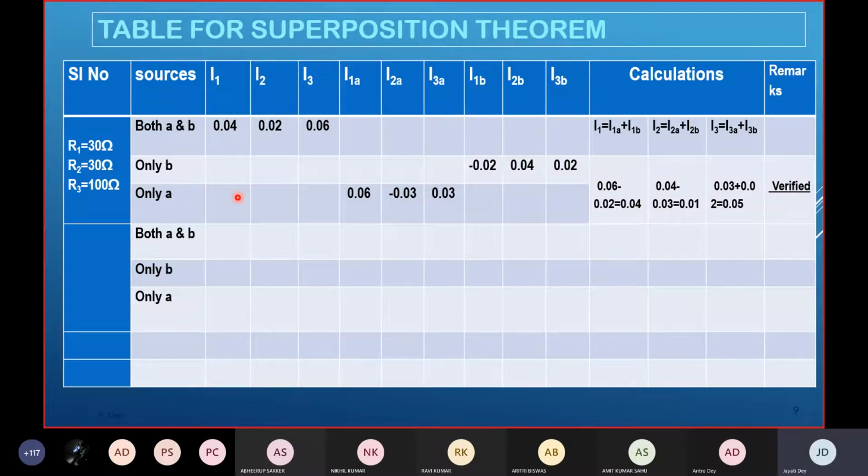Clear? What you said about R3 equal to 100 ohm, is it 30 or 100? R3, you take it 100. No problem at all, because all values change accordingly. Ma'am, this we'll write in the practical report. Yes, ma'am.